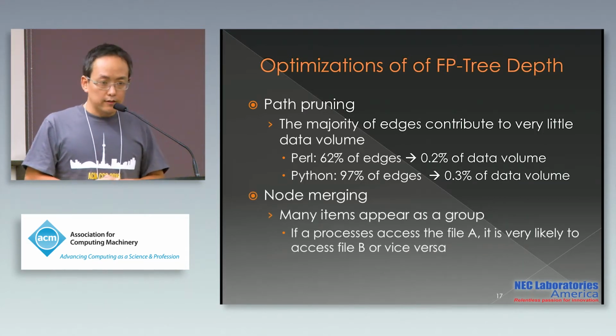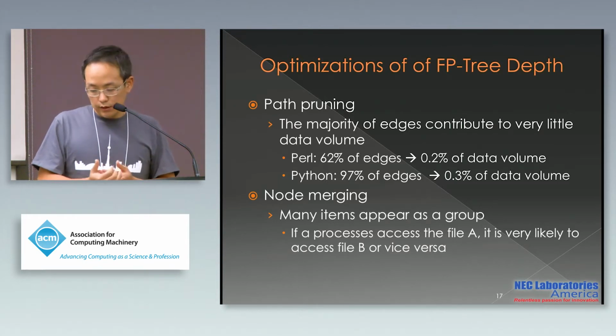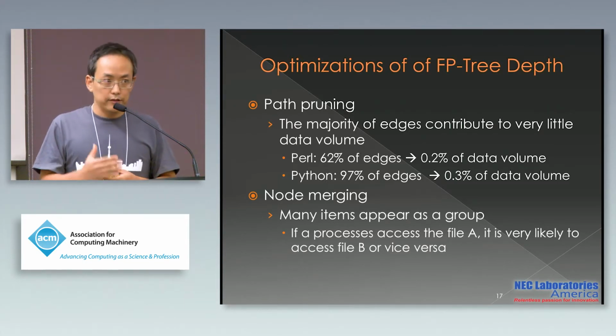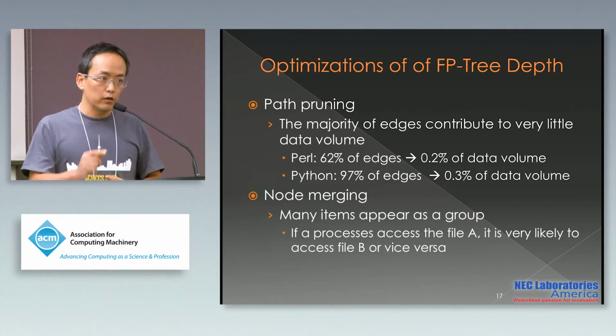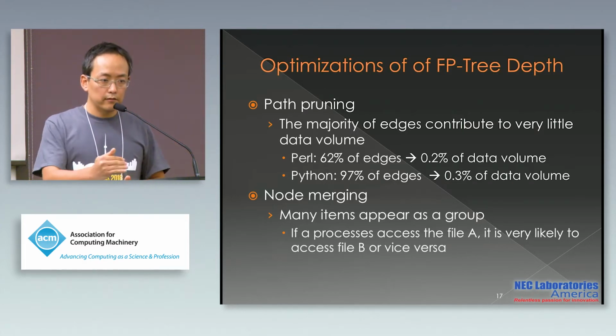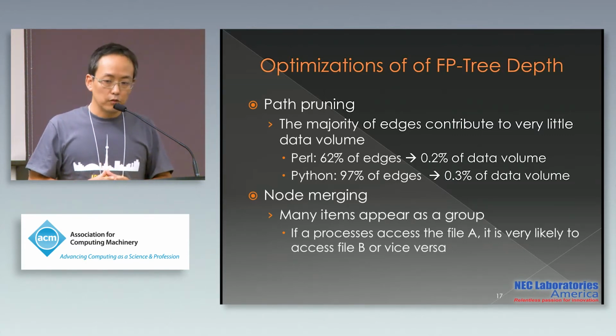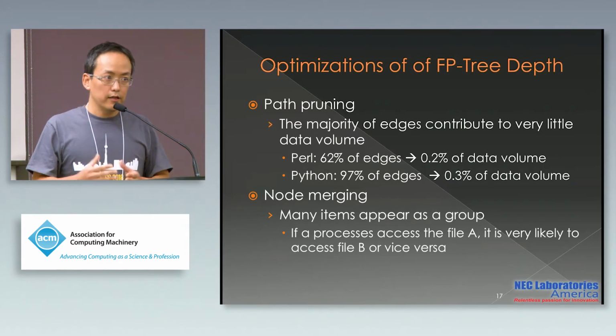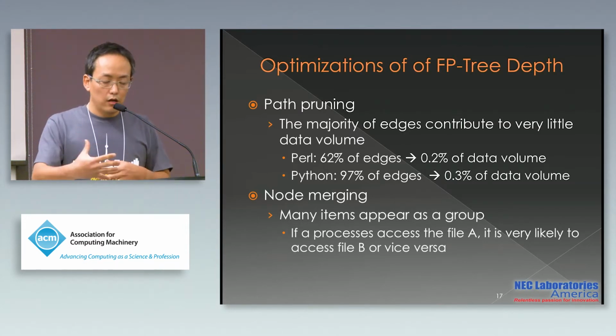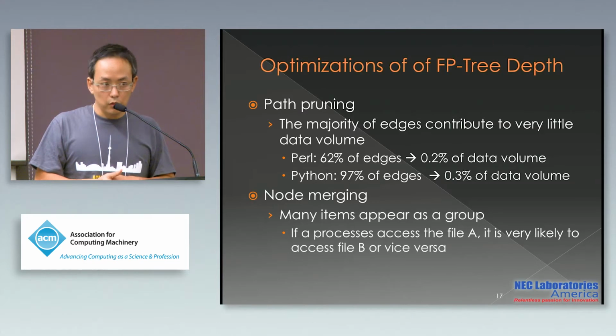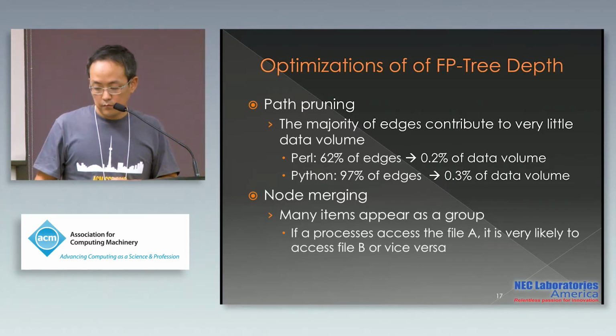The second intuition that we want to leverage is that many items appear in a group. Once the user touches this file, you can easily expect the next files to be B, C, and D. They come in a group. After eliminating the unnecessary edges, it is easier for us to merge those nodes into a single group.